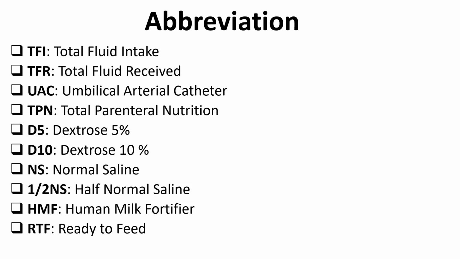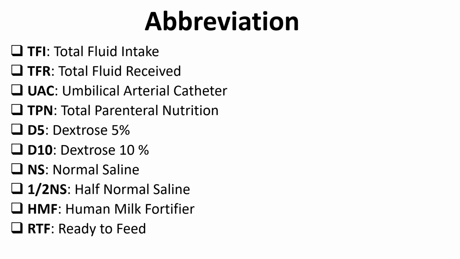So we increase the calorie by HMF. And HMF is only added to human milk. Now we have two types of HMF. We have human-based HMF. So we take the HMF from pools of ladies and we make it concentrated. Or we take it from cow's milk. So this is called HMF.